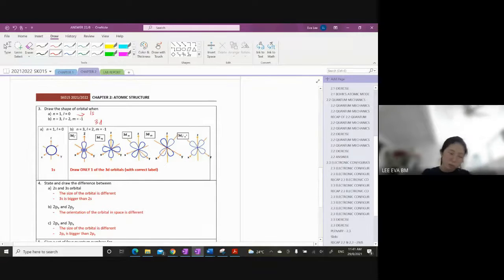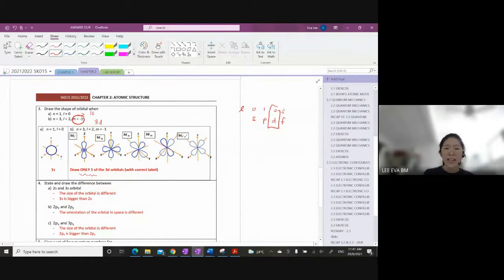So I hope you still remember or you have already memorized the table: L 0, 1, 2, 3 equals s, p, d, f. For this one, I want everyone to memorize. So when it says L equals 2, that means it refers to our d subshell or d orbitals. Since only one number is stated, that means either one of these orbitals. You can only draw one of these 3d.